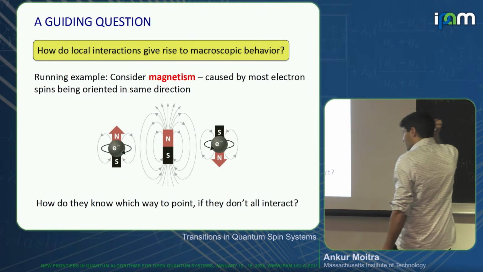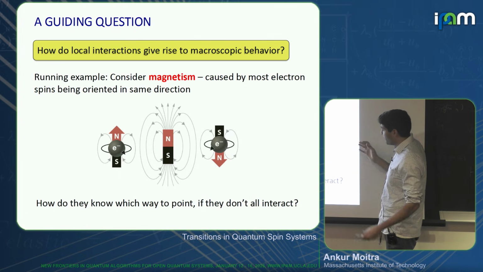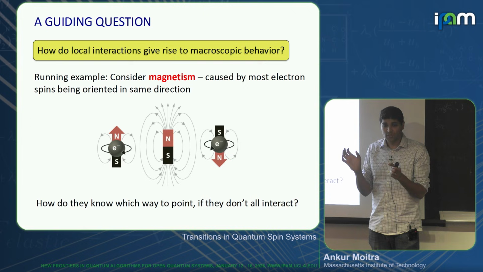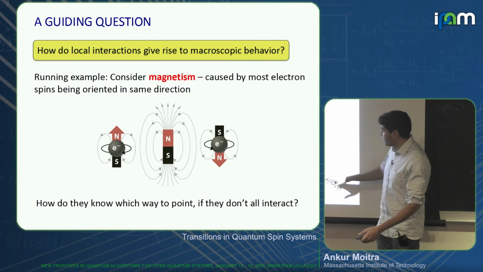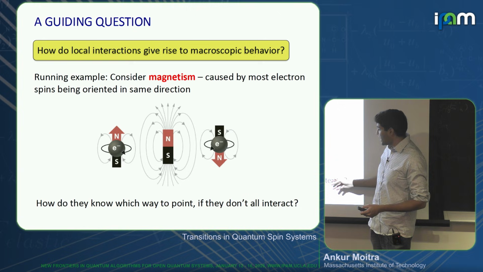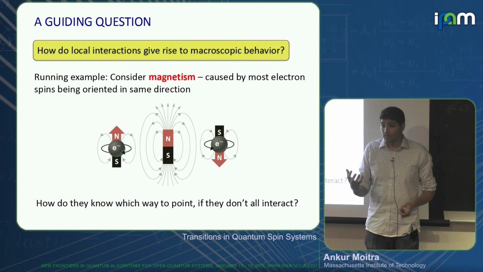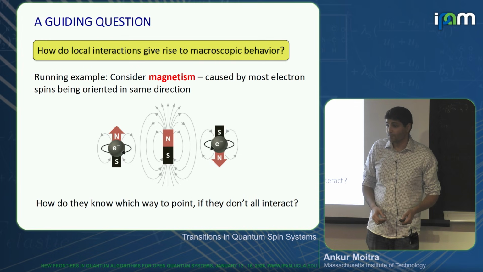The way to think about these things is you can imagine in your material you might have electrons that are nearby each other, and they communicate with each other through some physical forces and mechanism. But when you have electrons that are very far away from each other in the material, how exactly do they all decide on which way to point if they don't directly communicate with each other?